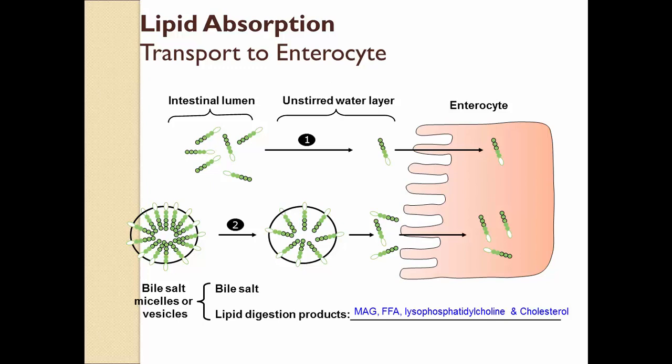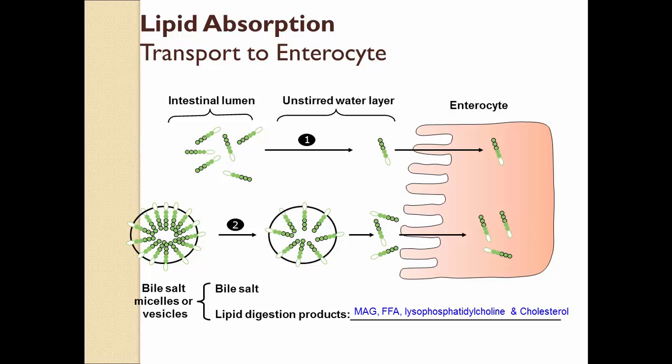And absorption. If you still remember from last class, this is the enterocyte. Remember that on top of the brush border membrane there is the so-called unstirred water layer, right?